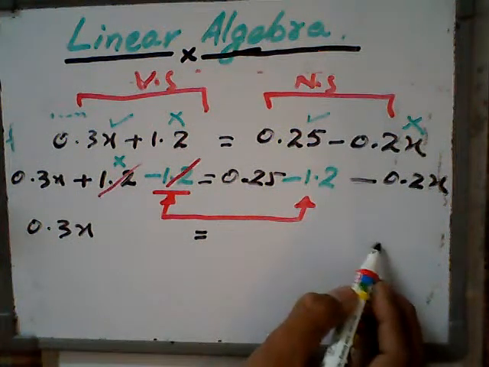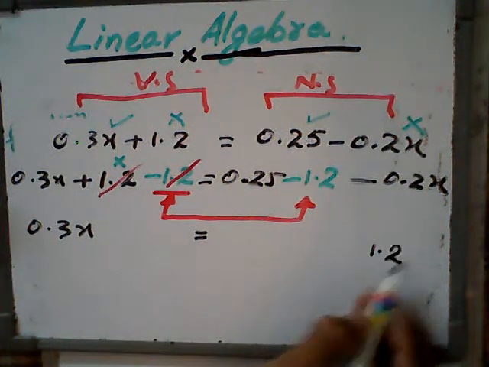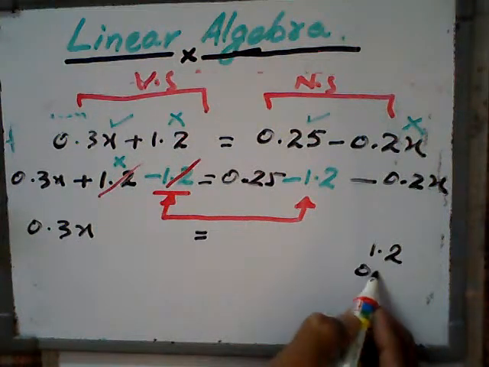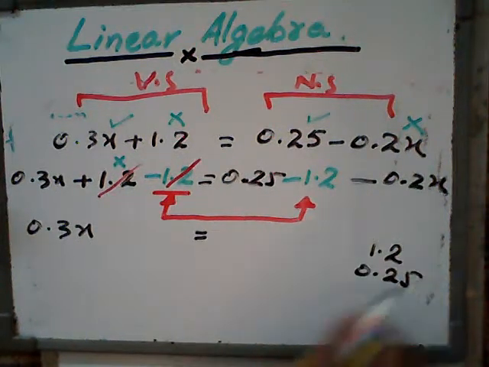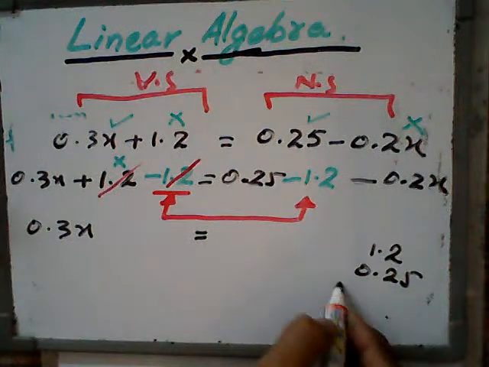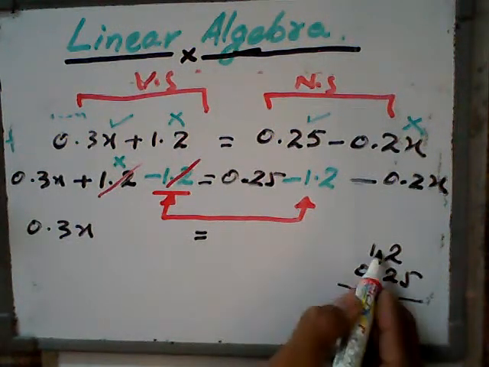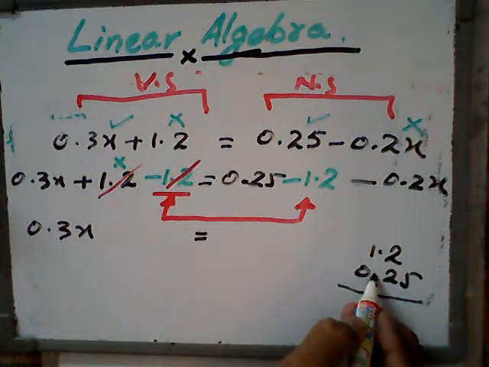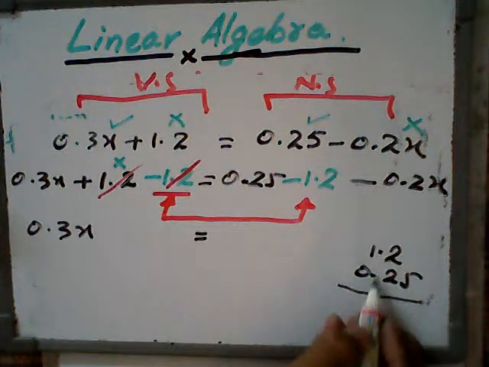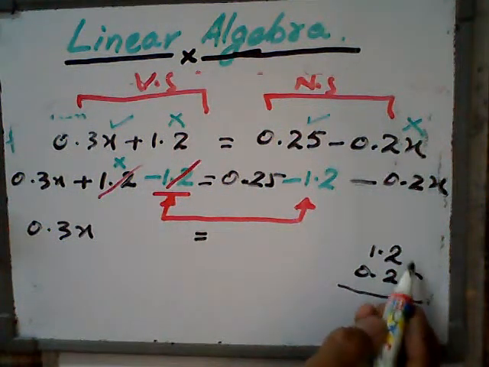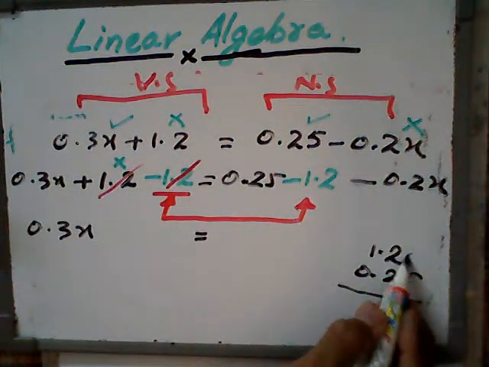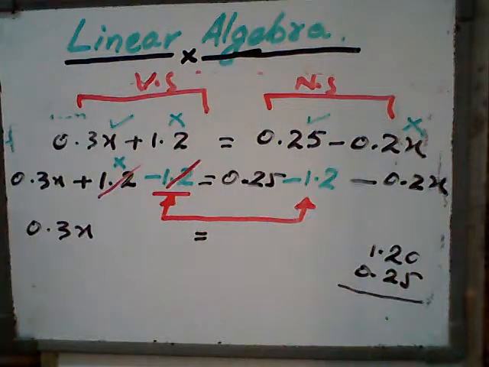Rough work is here: 1.2 and 0.25. Why am I doing this? Because in addition and subtraction we keep the decimals in the same alignment. So we keep the decimal point at the same position, and the rest of the numbers remain here. Now we are subtracting.